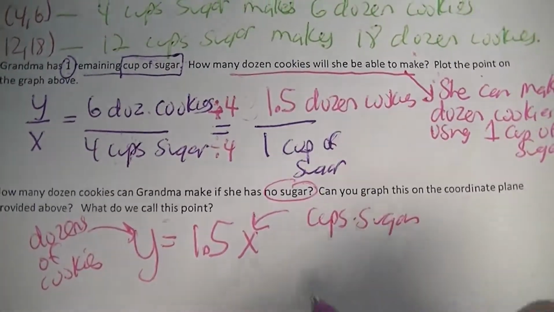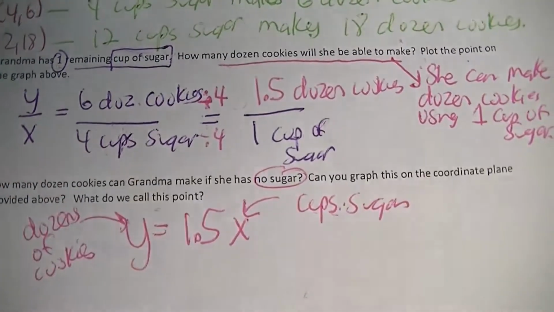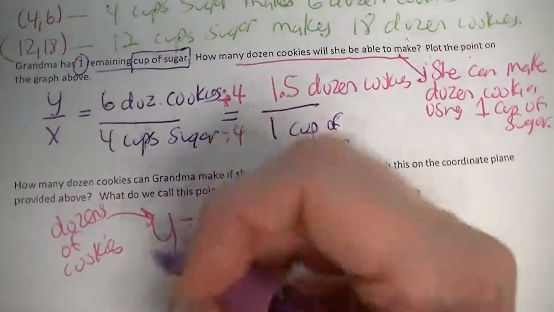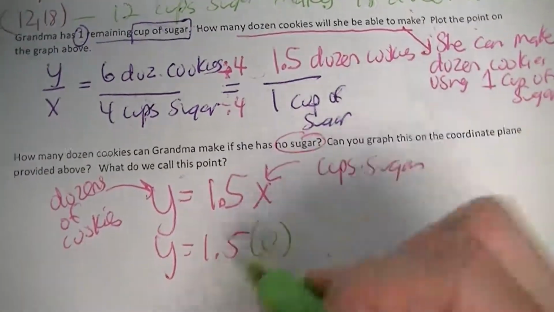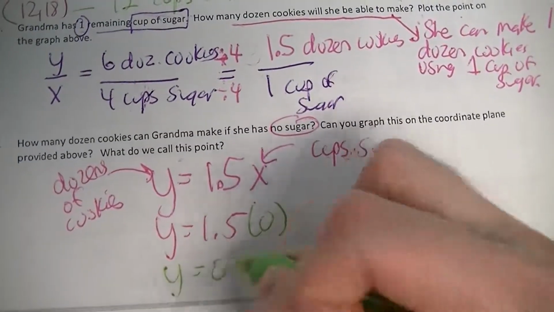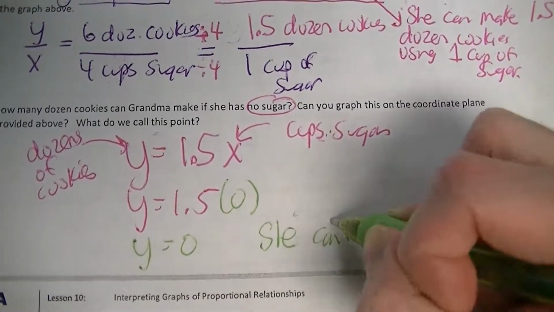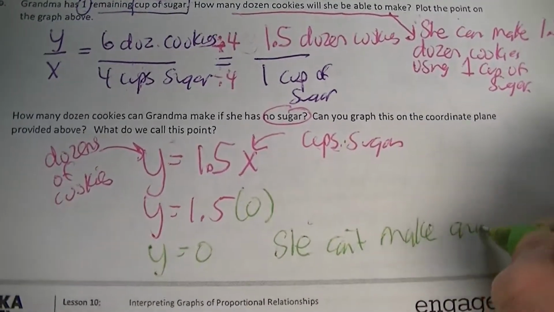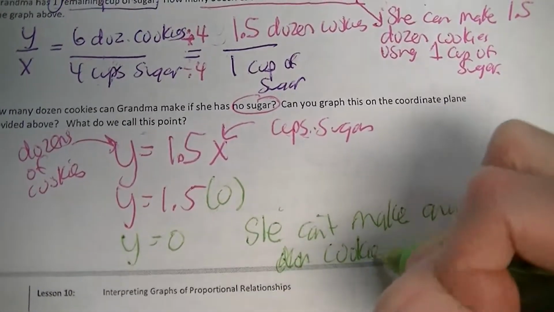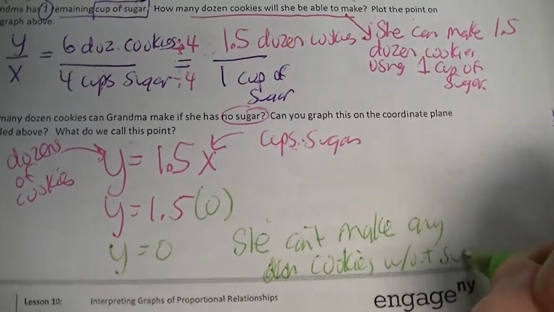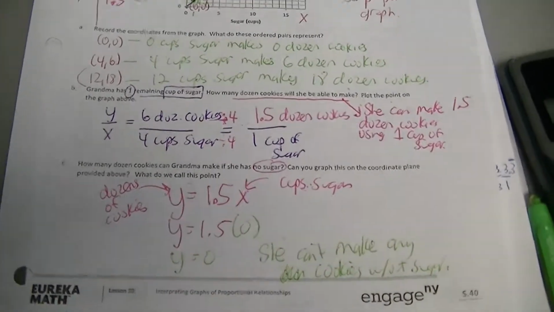No sugar: for cups of sugar or for cookies? Well, it'd have to be for cups of sugar because it's labeled the same. So we write down y equals 1 5/10 times 0. Well, 1 5/10 times 0 is 0. So she can't make any cookies without sugar. Okay, bye.